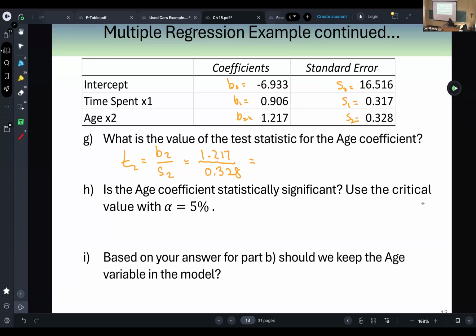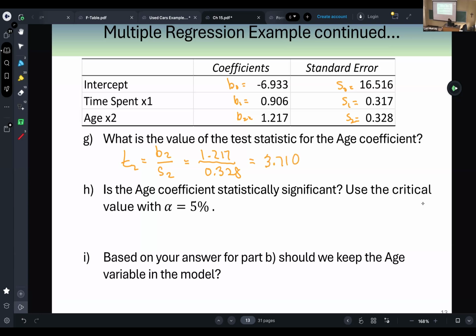Does anyone have a value for the test statistic? 3.71. Sure, 3.71.